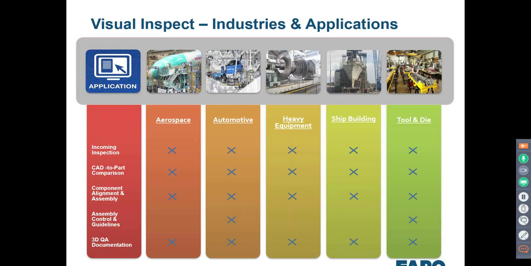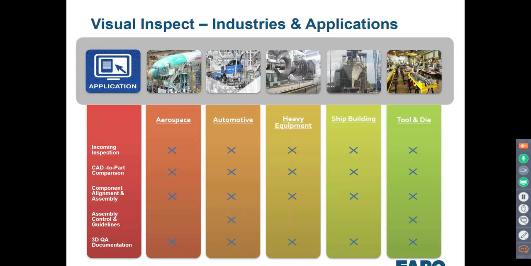I would say that this chart does not show assembly control and guidelines for aerospace, heavy equipment, and shipbuilding, because they deal with extremely large formats relative to their manufacturing parts or assemblies. However, for their sub-assemblies and smaller parts, it is also valid. You can see it's not only incoming inspection, pushed out to your suppliers and/or in your facility.